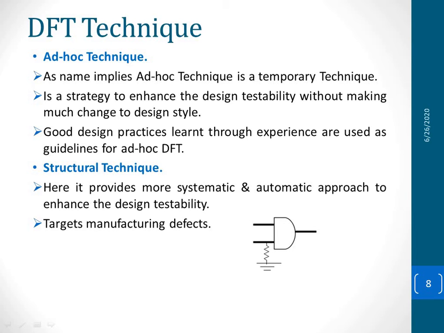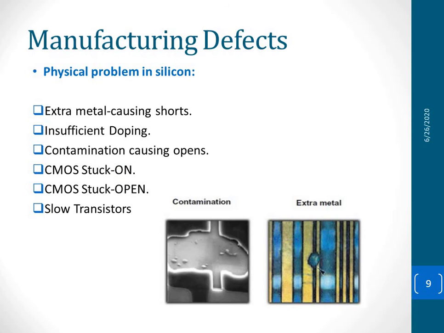Such defects can be clearly found with the help of the DFT technique, looking into the system more systematically, and with automatic test patterns we look into this systematically, step by step, node by node and input by input, and trace it out. This is what is called the structural technique.